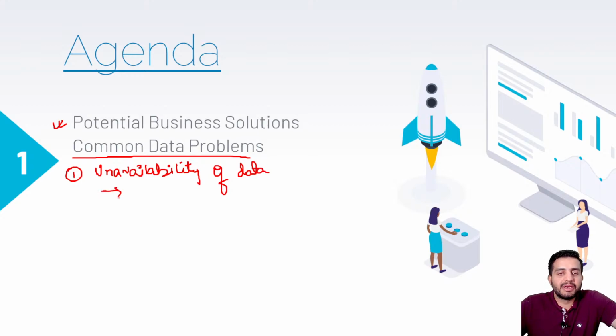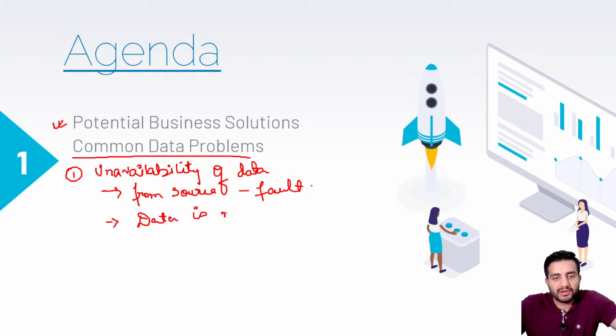And in this unavailability of my data, what we see is maybe from the source itself there is a fault, or the data which we have is not trustworthy, or the data which we have is not in a usable format.